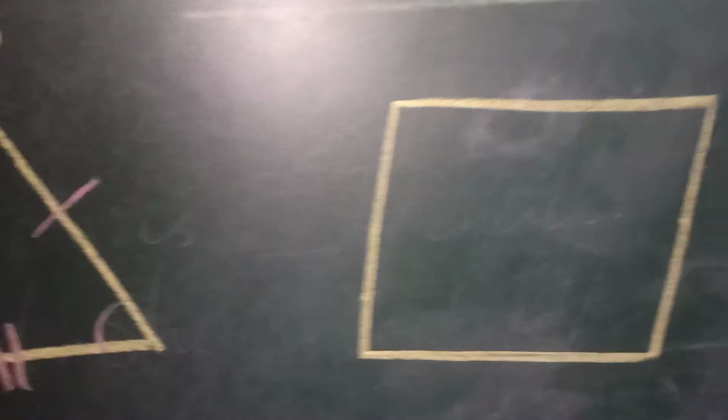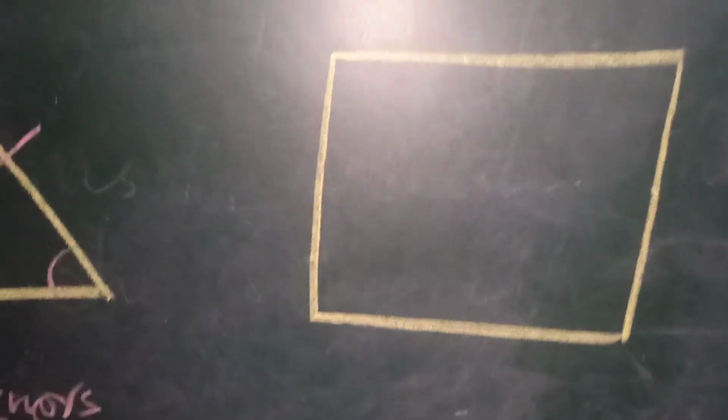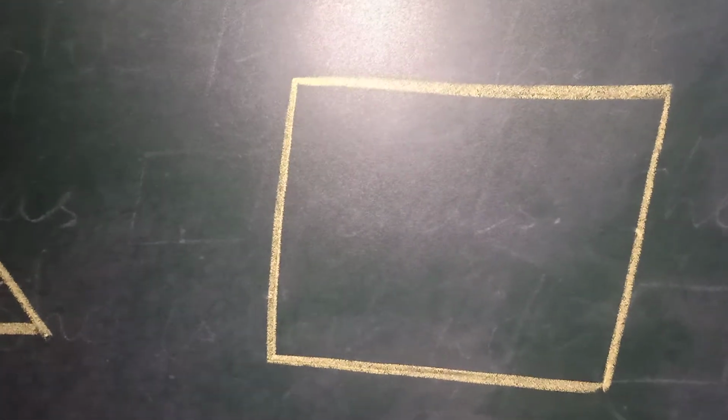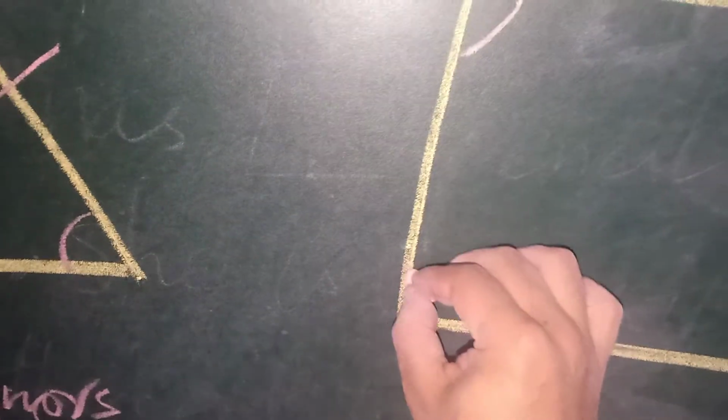Likewise, we have another diagram over here. This is a square shaped diagram. You need to find out how many sides and how many corners there are. First we will count the corners. This is your first corner, and this will be your second corner, third, and fourth.